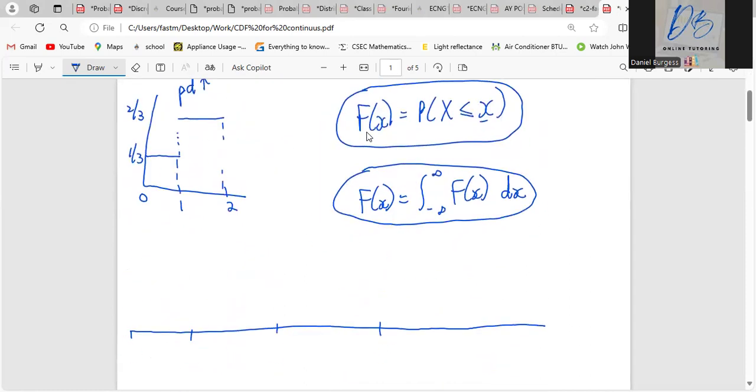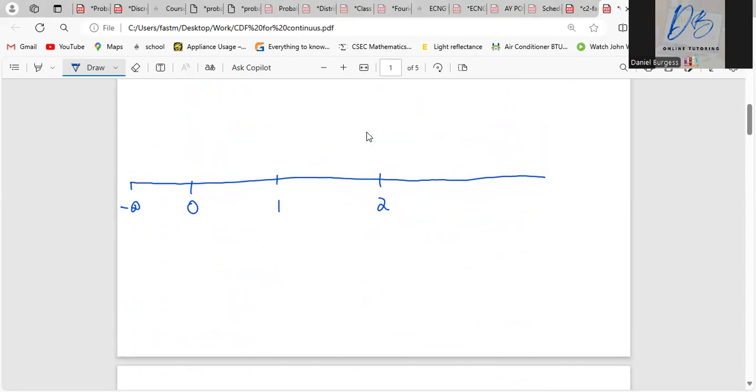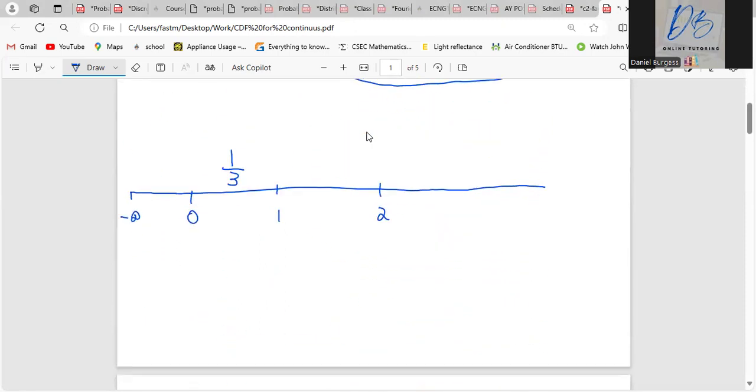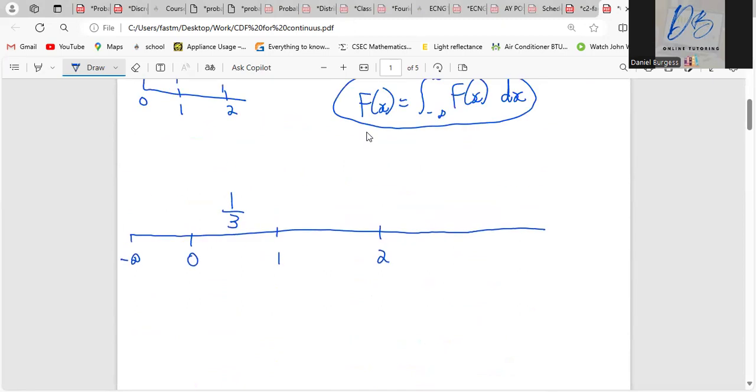So between 0 and 1 is 1/3, and between 1 and 2 is 2/3. So this would be like a sketch of the PDF on a number line. We'll write whatever function they had given between the two. All right, and they said 0 otherwise, so 0 on either side.